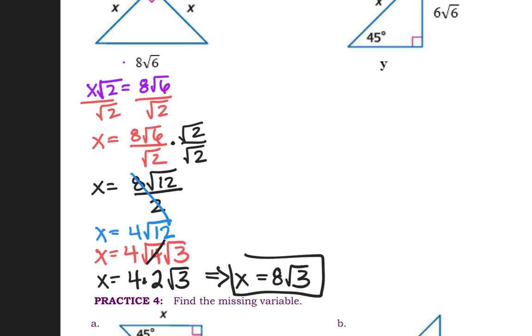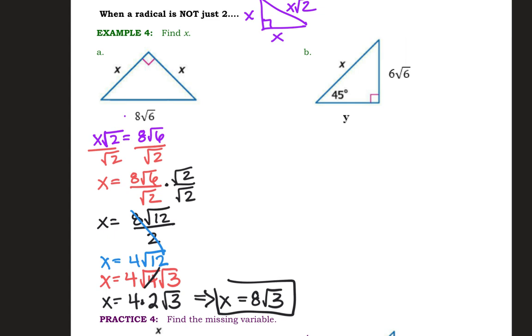So remember I said, we're kind of talking about those patterns. And I said, if it's not the square root of 2, you could have square roots on all the sides.